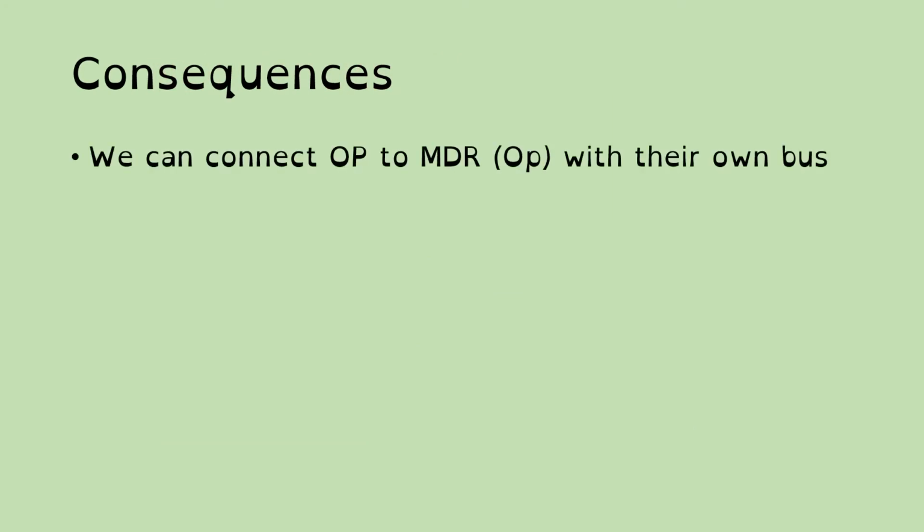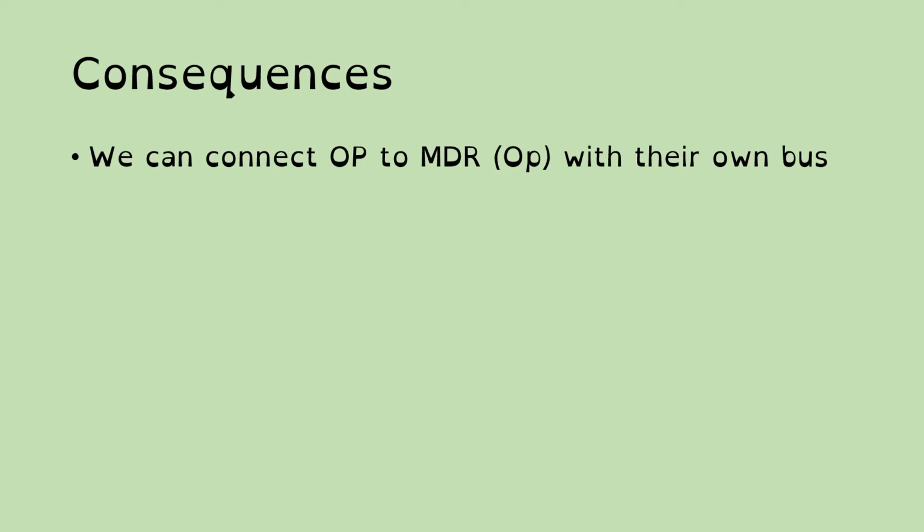Let's run through them. So first of all, we can connect the op register, which is the register that holds the operation, directly to the MDR for the op memory, with its own bus, because the instructions are only ever going to be either in the memory or in that register.